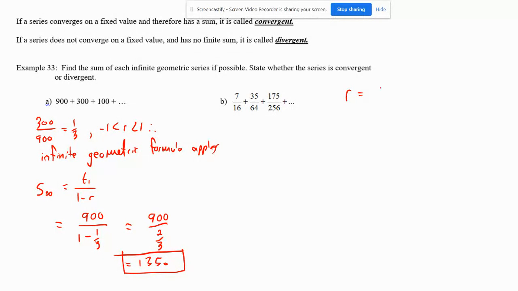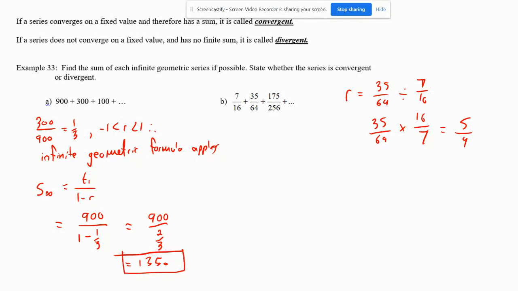Okay, let's look at the next guy over here. Our r value is 35 over 64 divided by 7 over 16, which is 35 over 64 times 16 over 7. So I'm going to do this with my calculator here. 35 over 64 times 16 over 7 equals 5 over 4.